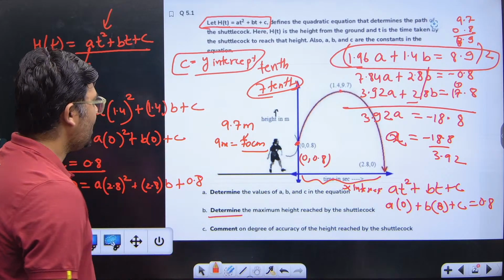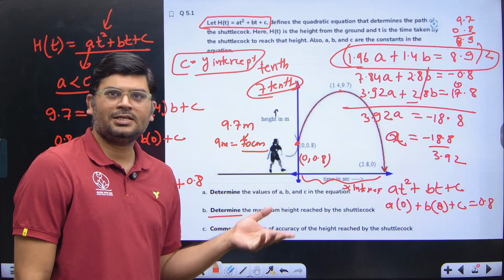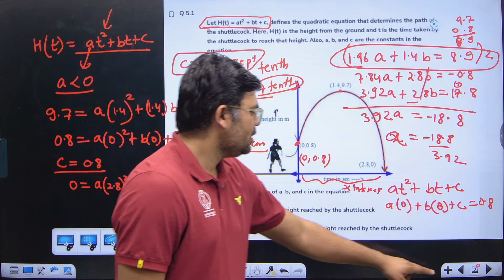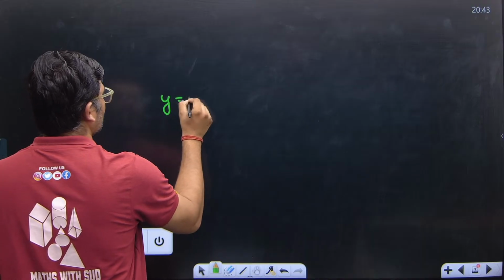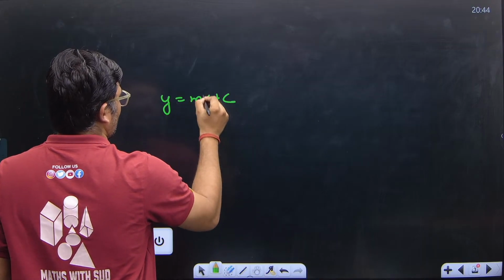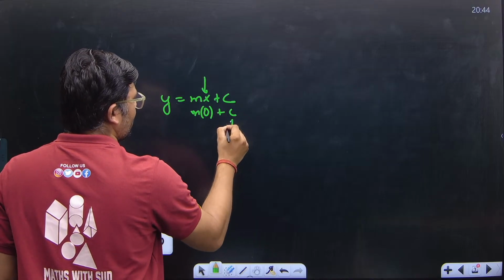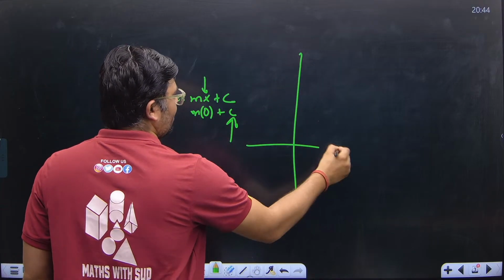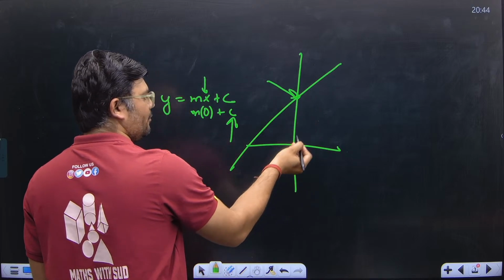It never has an x. Y is equal to mx plus c. When you put x as 0, you will get c only. And this is the point where the graph touches the y-axis when x is 0.